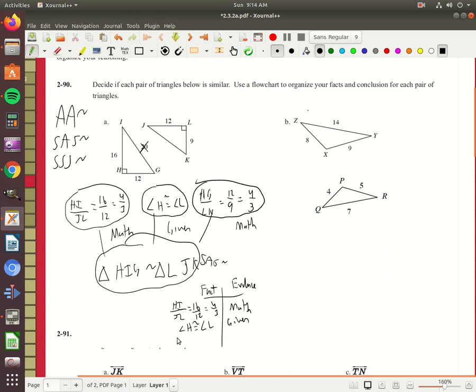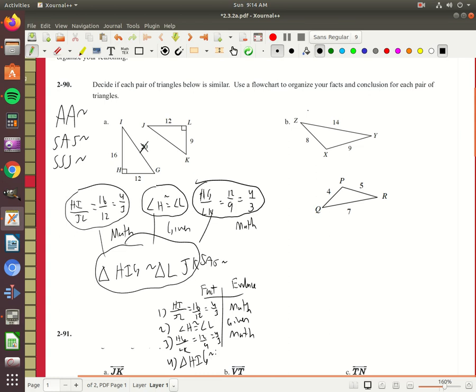I would have said HG over LK is the same as 12 over 9, which is 4 over 3 because of math. I could number these if I wanted to. And then finally, I have proven that triangle HIG is similar. I'm running out of room here.